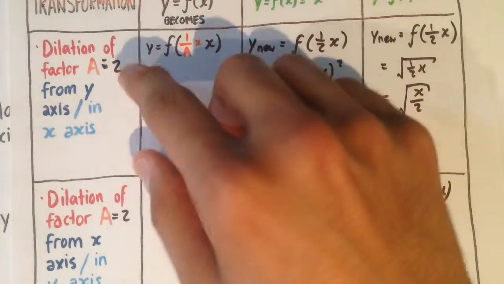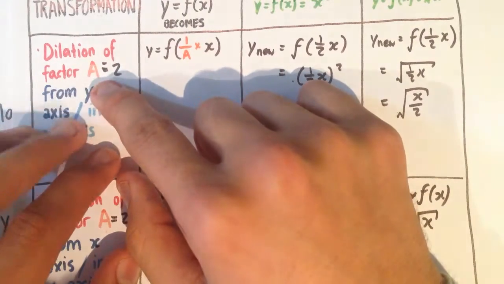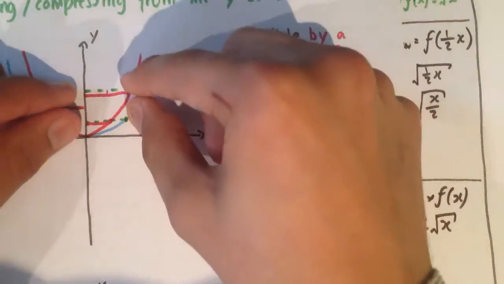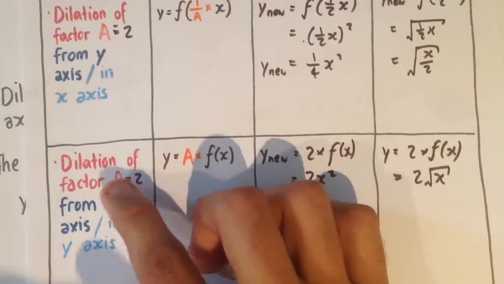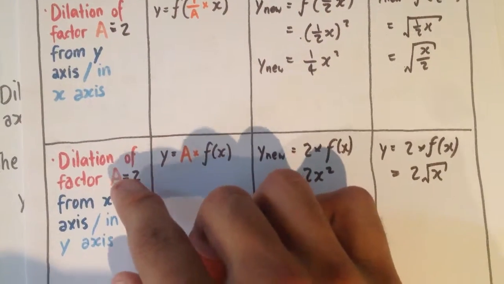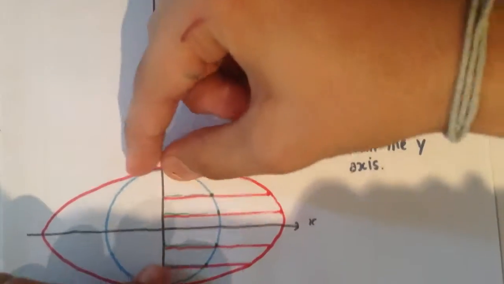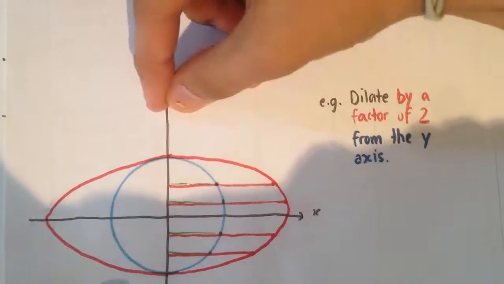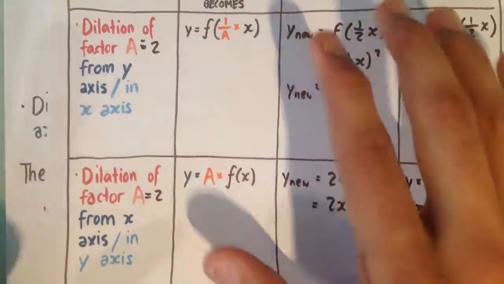But as long as you remember that if you have a dilation of factor a from the y-axis, then you're stretching it that way, and the equation becomes this. And if you have a dilation of factor a from the x-axis, then you're stretching it the other way, and that's the equation. If you remember those things, then you'll be fine.